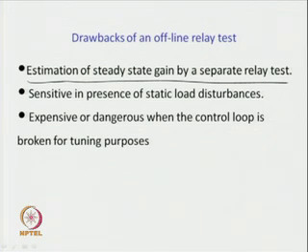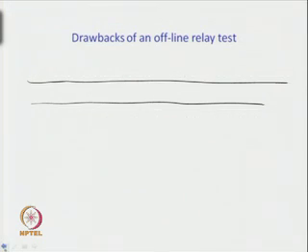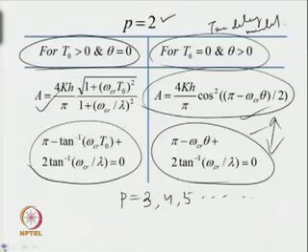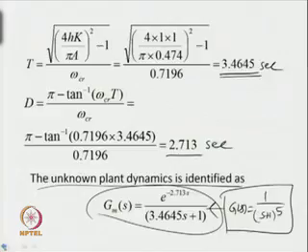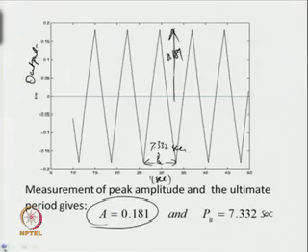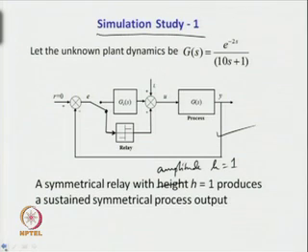Now, the second problem with the relay test is that it is sensitive to the presence of static load disturbances. How that is so, we shall see by going back to some earlier slide where we have the structure for the relay control system.